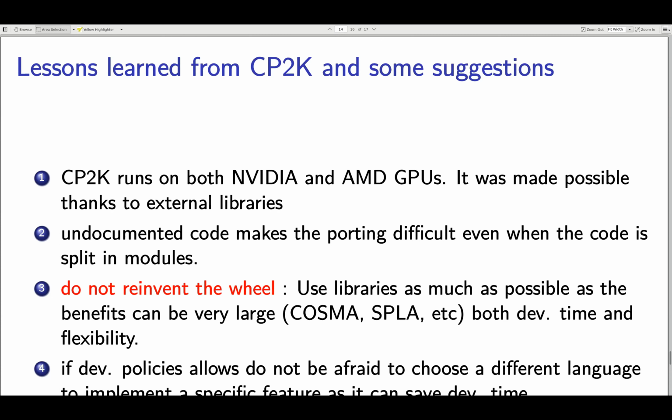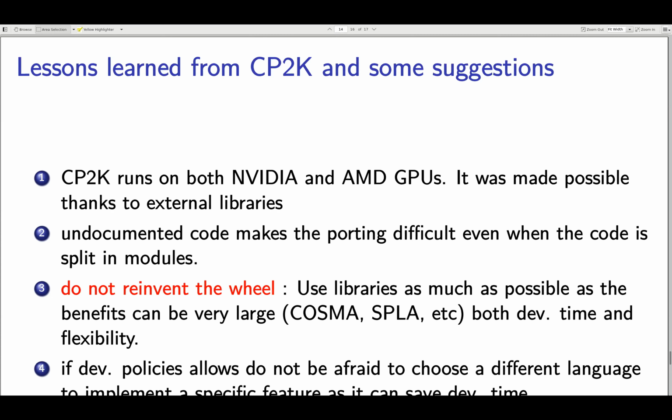There are a few aspects that made the porting difficult. The algorithms are not well documented. So very often you have to do a little bit of reverse engineering to understand what are the mathematical operations you have to do, or to understand what the code is doing in practice.